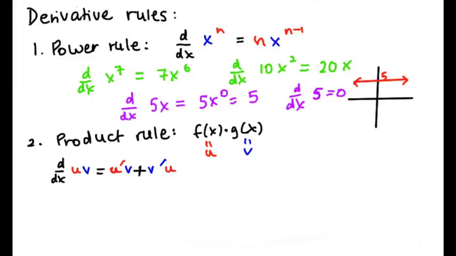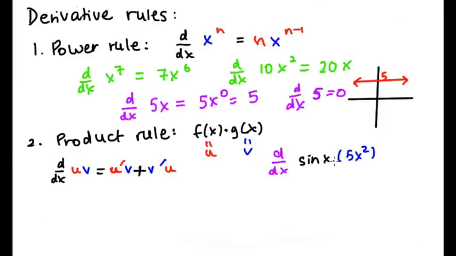Let's just do one example of the product rule. So I want to find the derivative of sine of x times 5x squared. So what is this going to be?